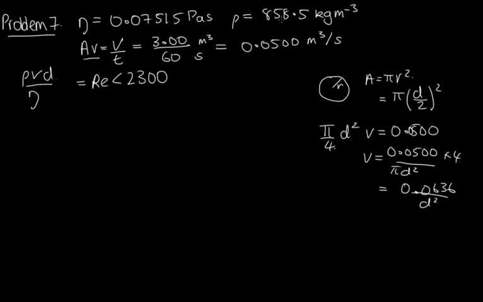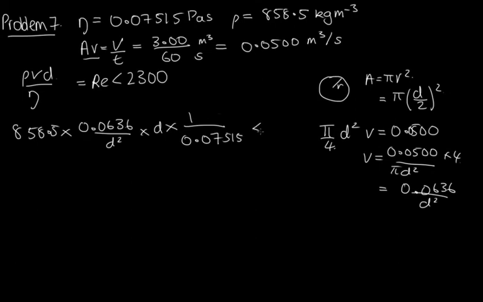So we've got the density, that's 858.5, times the velocity, which is 0.0636 over d squared, times d, and then times 1 over this viscosity, which is 0.07515, has to be less than 2,300.